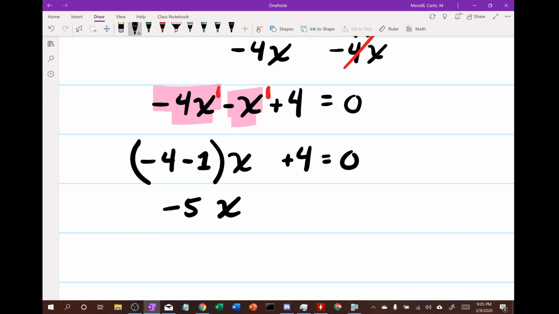So it's negative 5x plus 4 equals 0. Once that gets written, you tell me the next step.